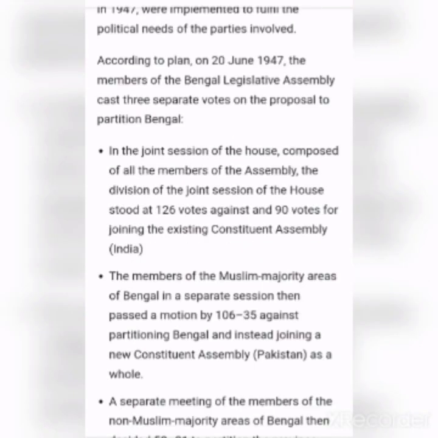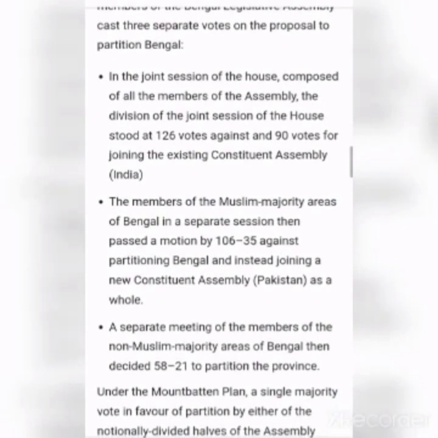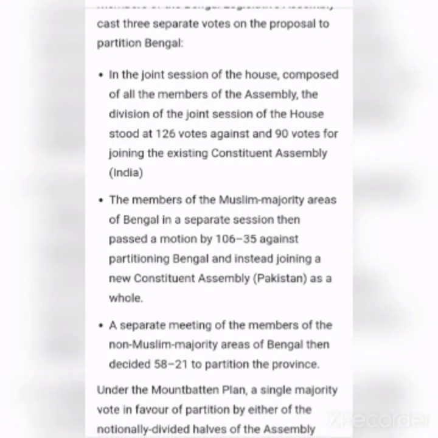The members of the Muslim majority areas of Bengal in a separate session then passed a motion by 106 to 35 against partitioning Bengal and instead joining a new Constituent Assembly of Pakistan as a whole. A separate meeting of the members of the non-Muslim majority areas of Bengal then decided 58 to 21 to partition the province.